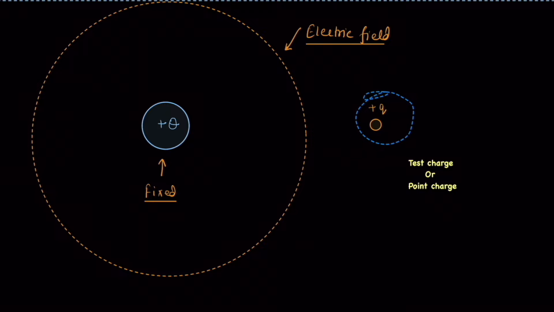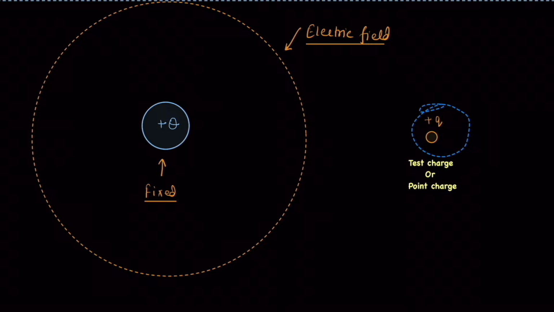So any test charge outside this electric field is considered to be at infinity. What we need to do is move this test charge from infinity to a certain point inside the electric field, like here.